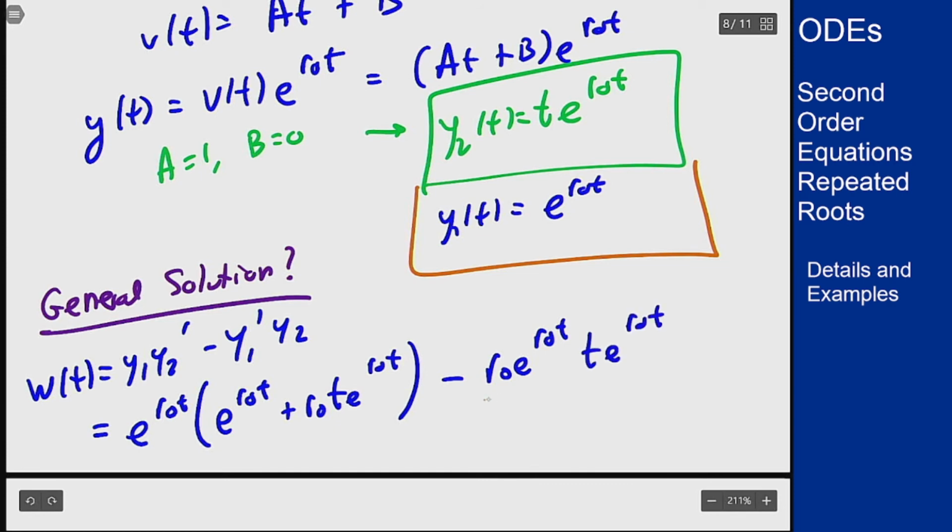We'll see this term and this term canceling out because they're the same with a minus sign. So I'm left with exactly e to the 2r0t, which is never 0.